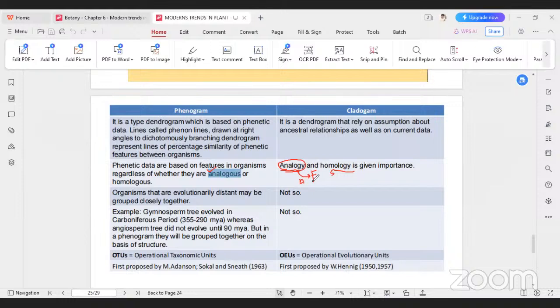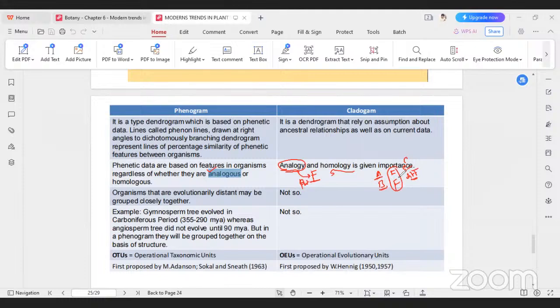In analogous, similar function, body part. For example, here are A and B, two organisms. Same function, structure different. A part, B part, function same, but structure different.